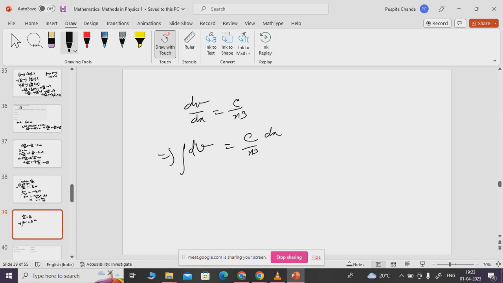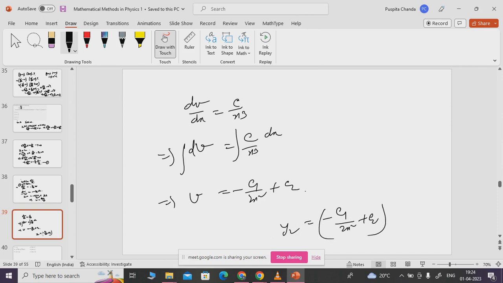And now w is equal to dv by dx, which is c1 by x cube, so dv is c1 dx by x cube. We will get v is equal to minus c1 by 2x square plus c2.